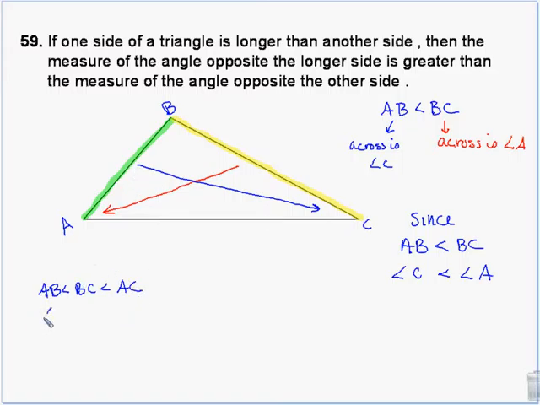So across from AB, we have angle C is less than angle A, and that's going to be less than angle B. Less than, less than, less than, less than. Does that make sense? So as you go, the smaller side is across from the smallest angle. The largest side is across from the largest angle.